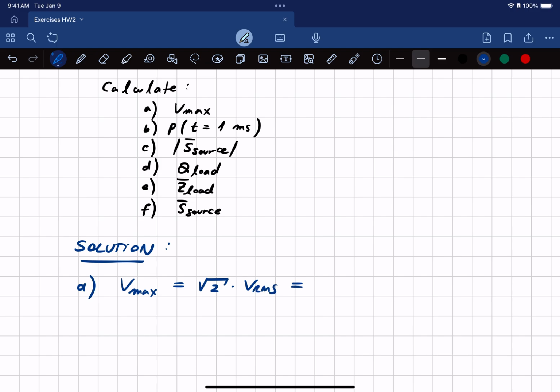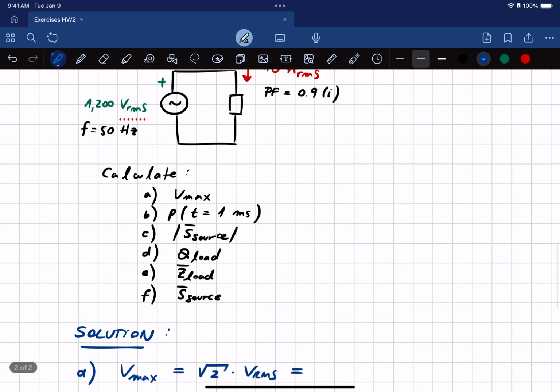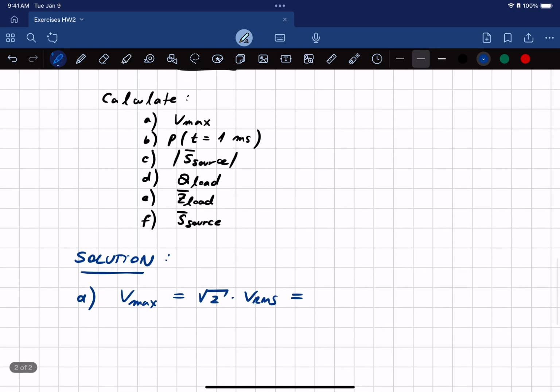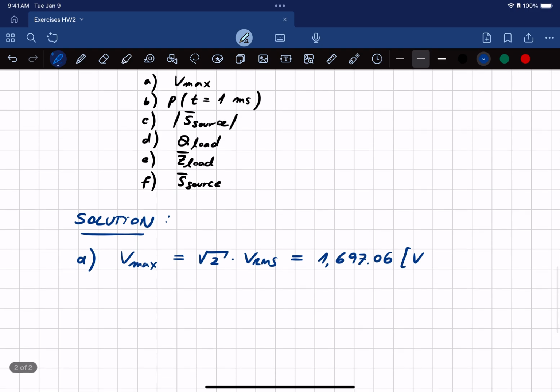In this case VRMS is 1200, so that calculation is going to give us 1697.06 volts.